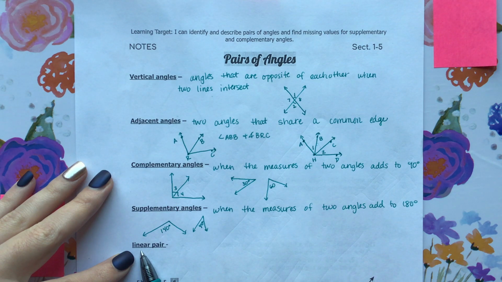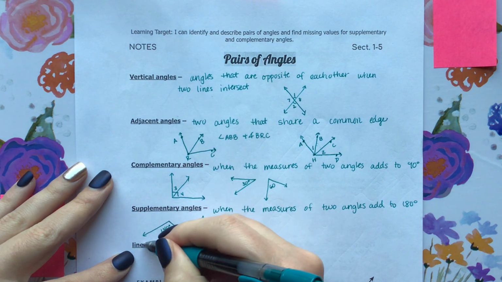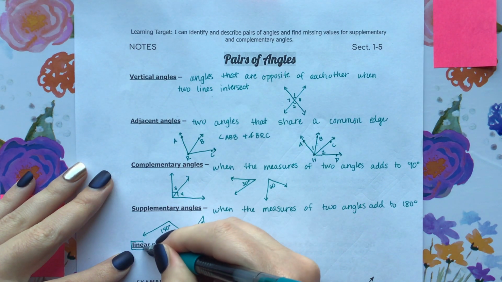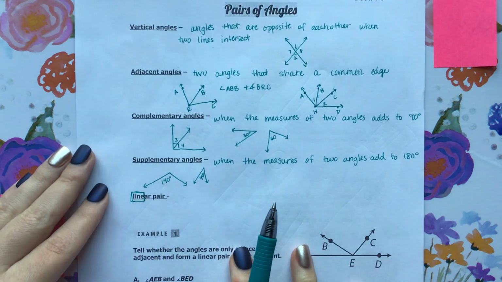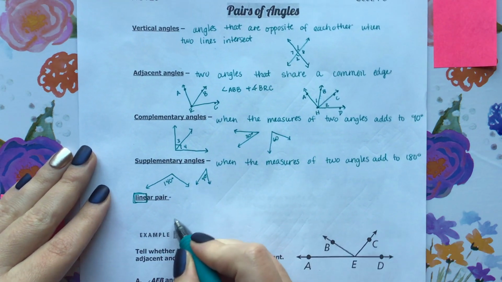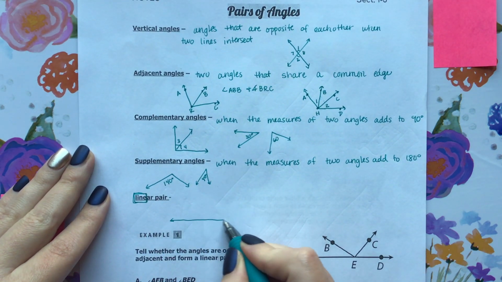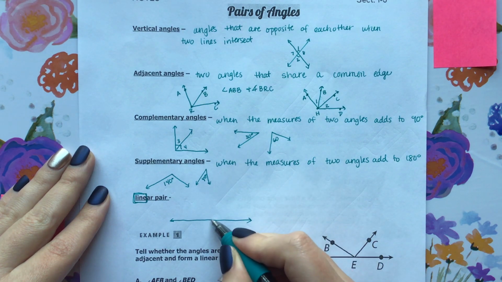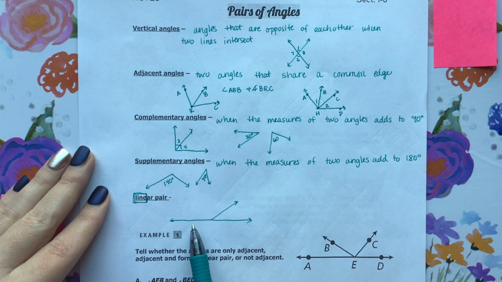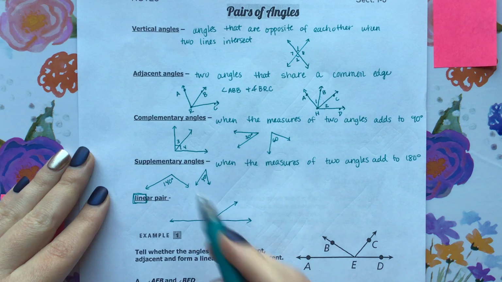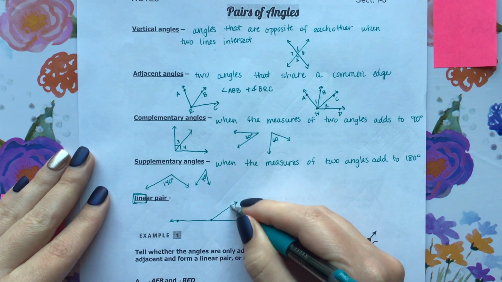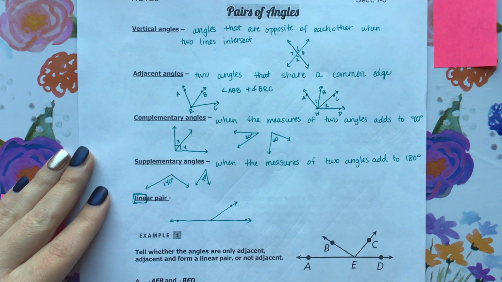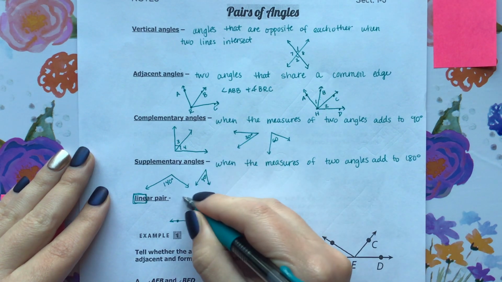Finally, we have something called a linear pair, and notice it has the word line in it. So you guessed it, it's going to form a line. It's a linear pair. So what it's going to look like is two angles right next to each other, but they form a line. So they have to be both adjacent and supplementary.